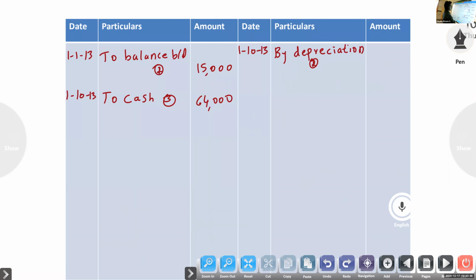So second machinery we know that 2,000 is the full year. So we have to find for the second one 1st January to 1st October. So 9 months we used. Okay, 9 months we used.